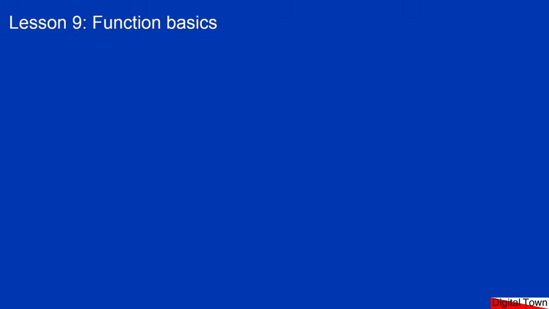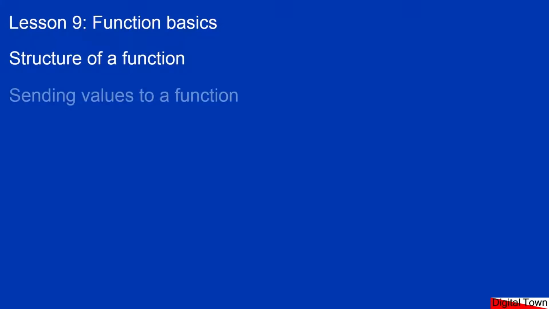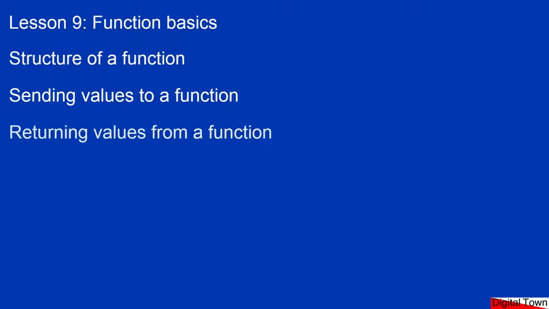So as we go through this lesson today, firstly we're going to look at the structure of a function, what it actually means to write one, how it should be set out. Then we're going to look at how we send information, variables, to a function. We're also going to learn how to get information back from our function.